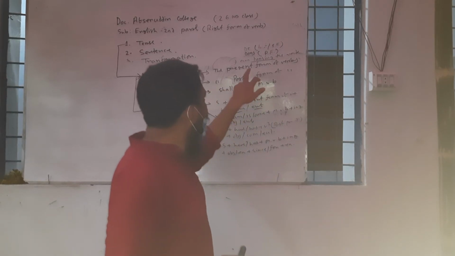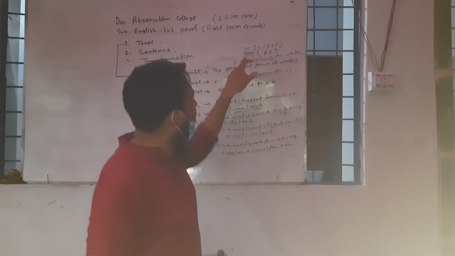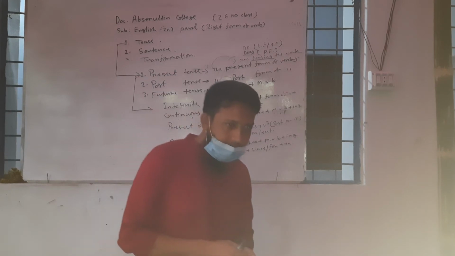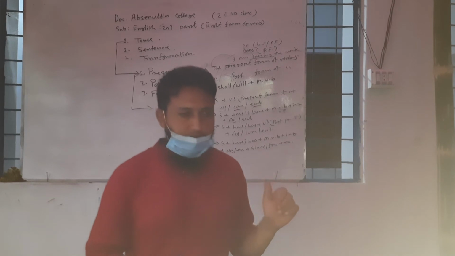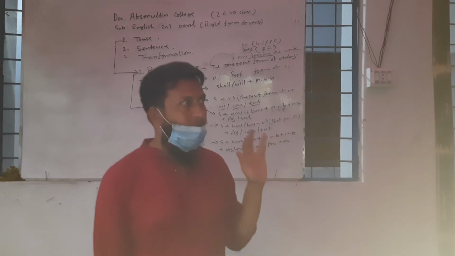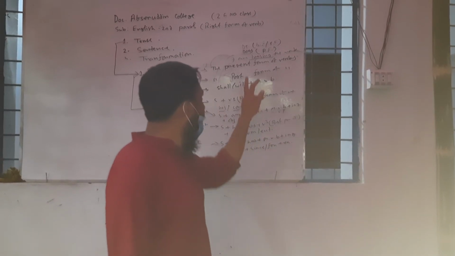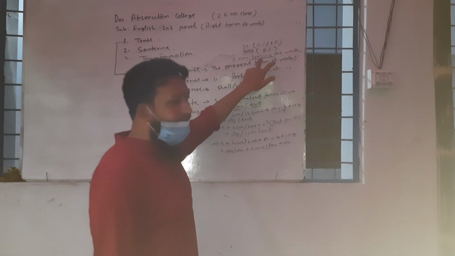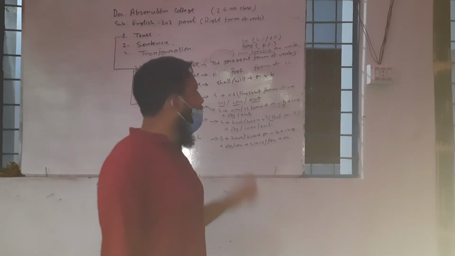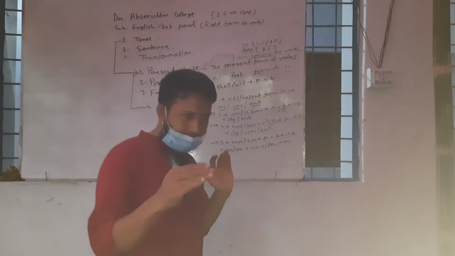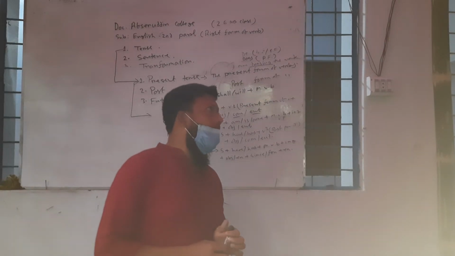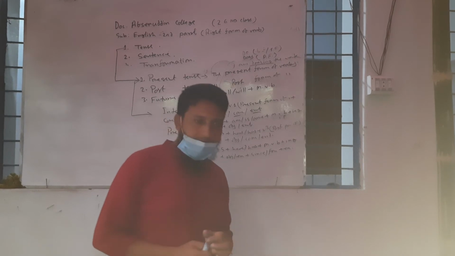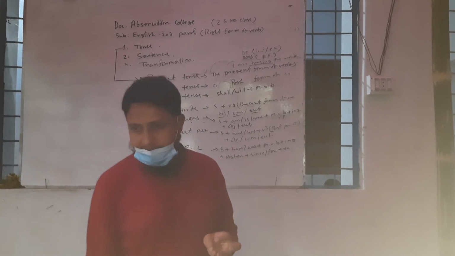And here you may ask me, how can we identify that this is the present continuous tense? There are many short techniques to identify present continuous tense. You may identify it by reading the sentence, and you can also get some simple adverbial words like now, at present, at this moment.